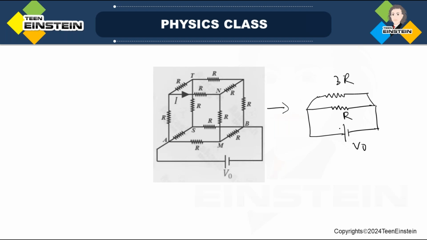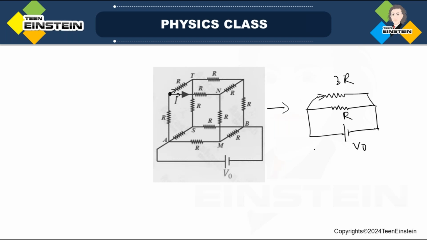These are in parallel combination, so we can find the current. This is actually a branch. I'm getting the total resistance over here, but still you can see when the current comes to this particular point, it will branch into two.